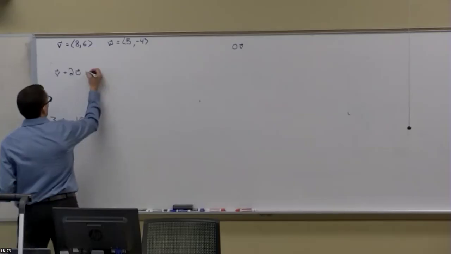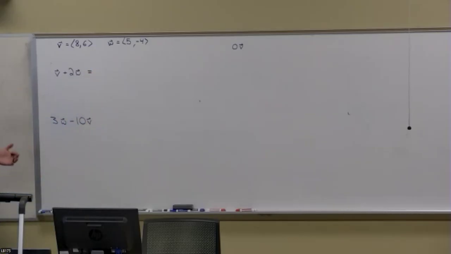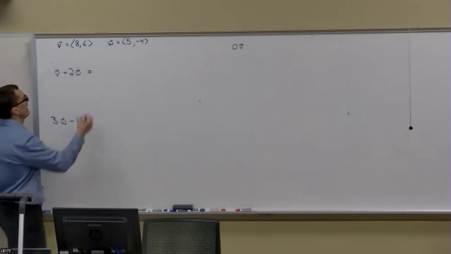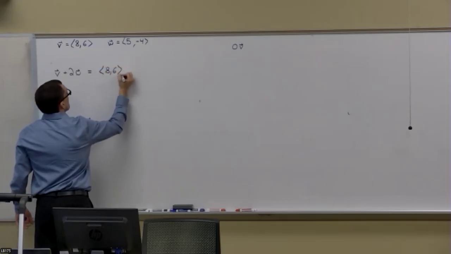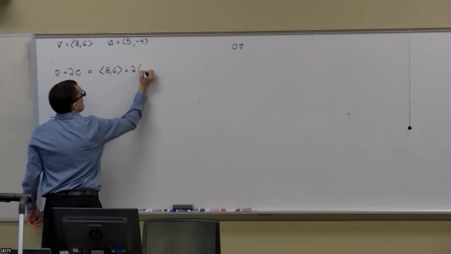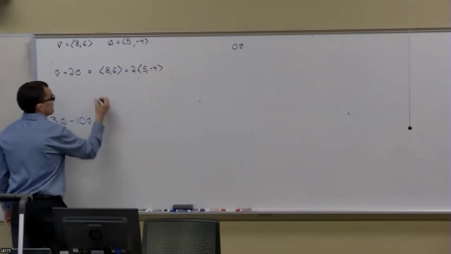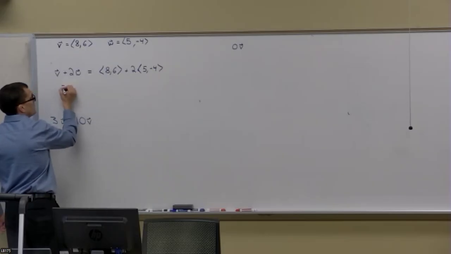All right, so let's do this. Essentially, I just substitute out the V for what it stands for. I take 8, 6 plus 2 times 5, -4. Sometimes people do this all in one step.